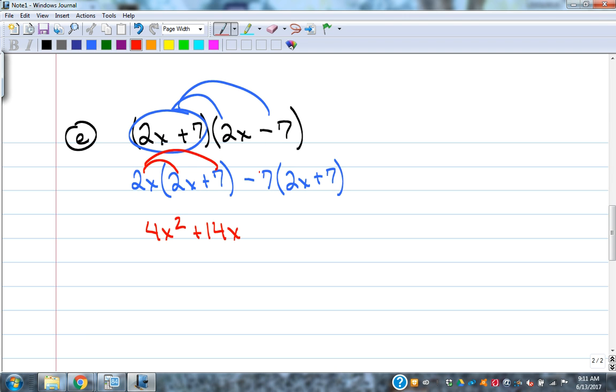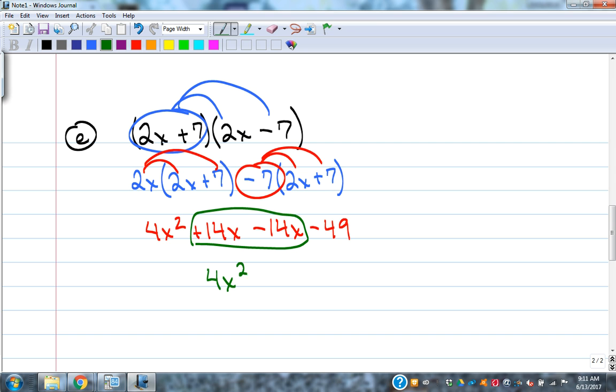And then the difference on this one is that you've got a minus 7 there that you're distributing, so you need to distribute that minus sign with it. So that'd be a negative 14x and a negative 49, because it's negative 7 times positive 2x and negative 7 times positive 7. And then combine like terms. Look right here in the middle. Positive 14 and negative 14 cancel each other out.